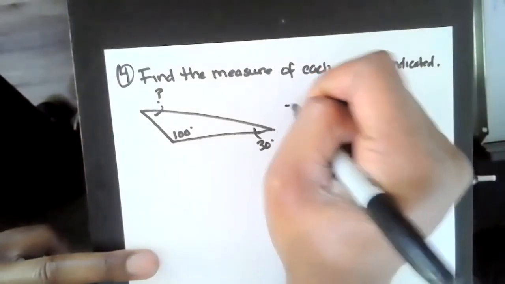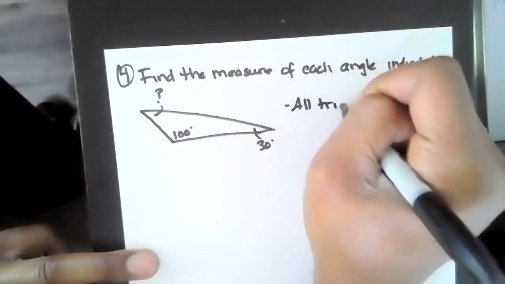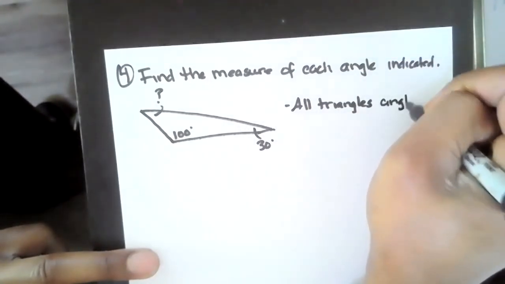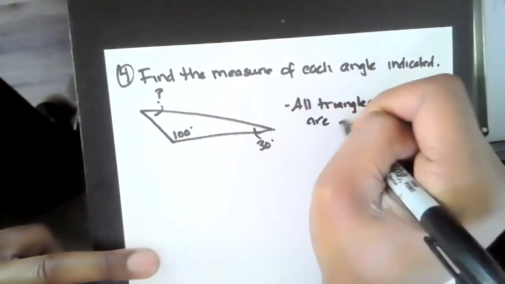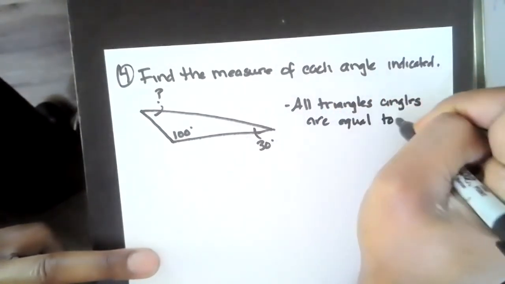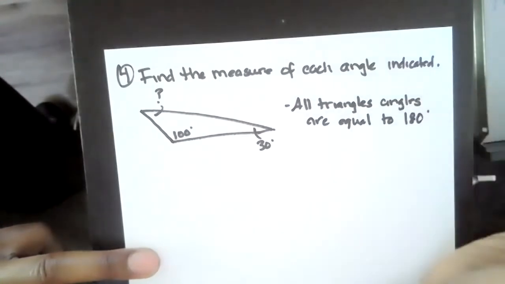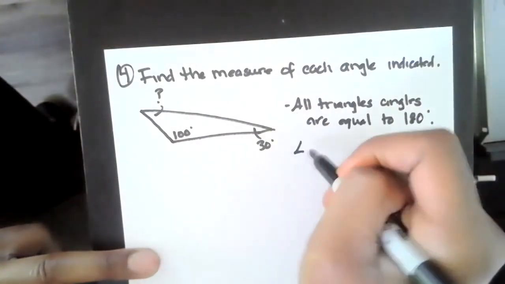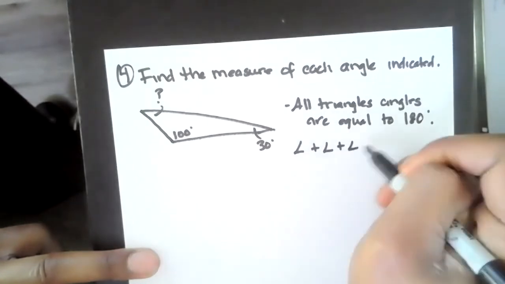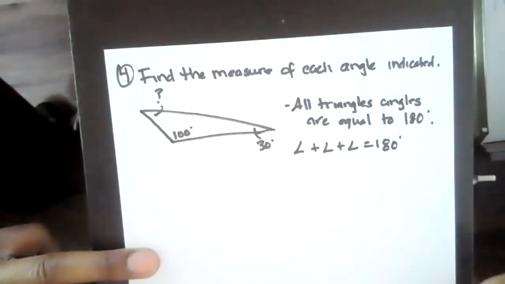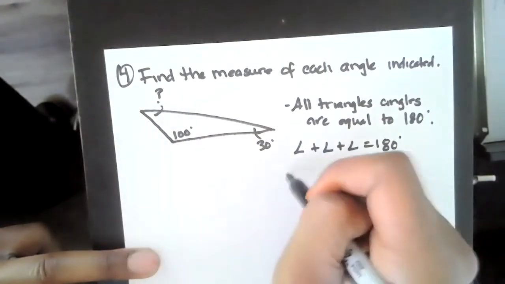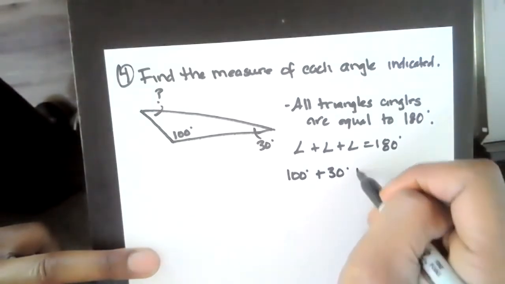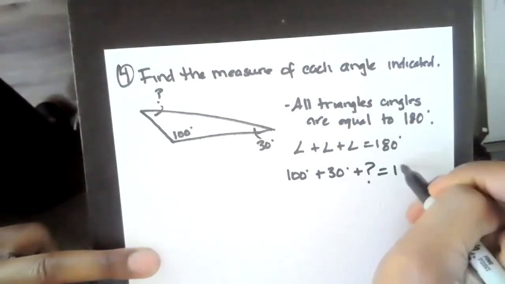All right. So what are we going to do to find the angle? Remember, all angles in a triangle are equal to 180 degrees. So we have an angle plus an angle plus an angle equal to 180 degrees. We have 100 plus 30 plus question mark equal to 180, right?